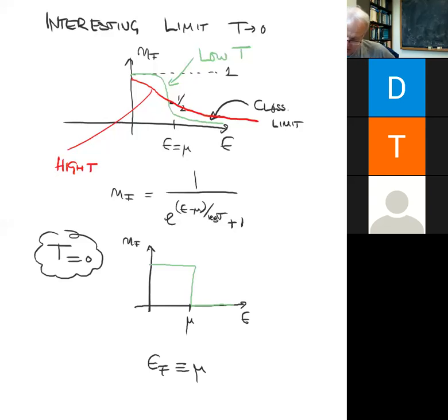Okay. So all of this stuff, there's exactly one particle in any of these states, so these are all filled. Okay. And all the states above the Fermi energy are empty.